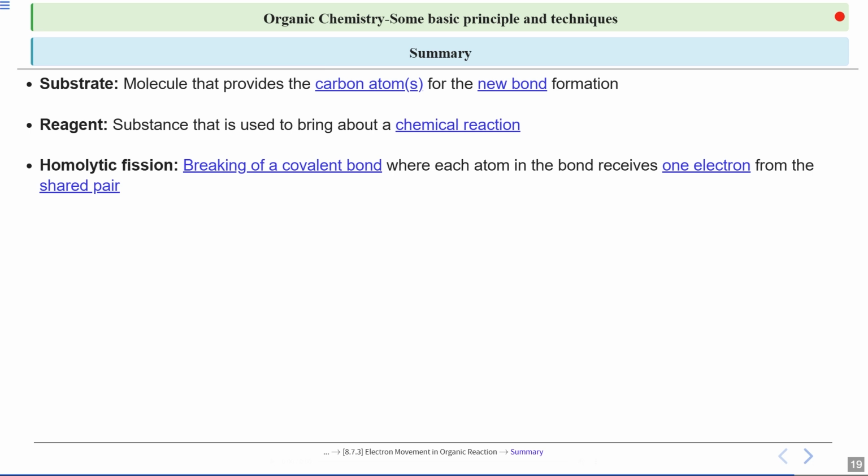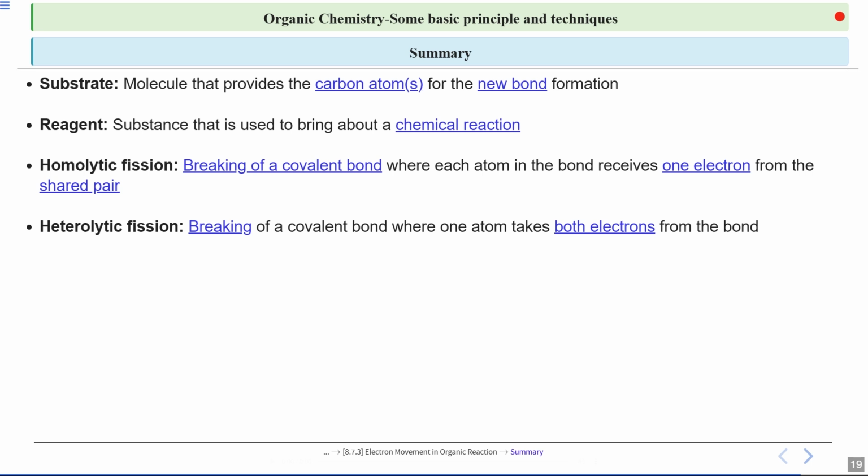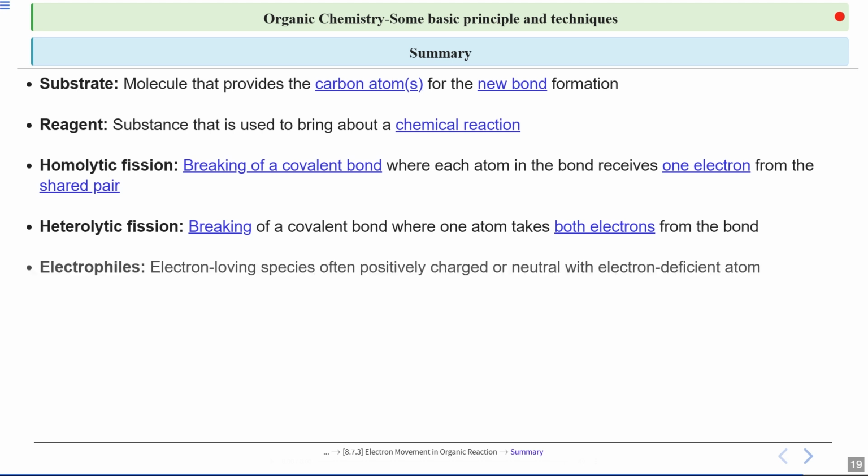The species formed are intermediates called radicals. If the electrons are distributed unsymmetrically after the fission of the bond, then we call it heterolytic fission, where both electrons go onto one atom only and the other one gets a positive charge. Here the intermediates formed are carbocation and carbanion.